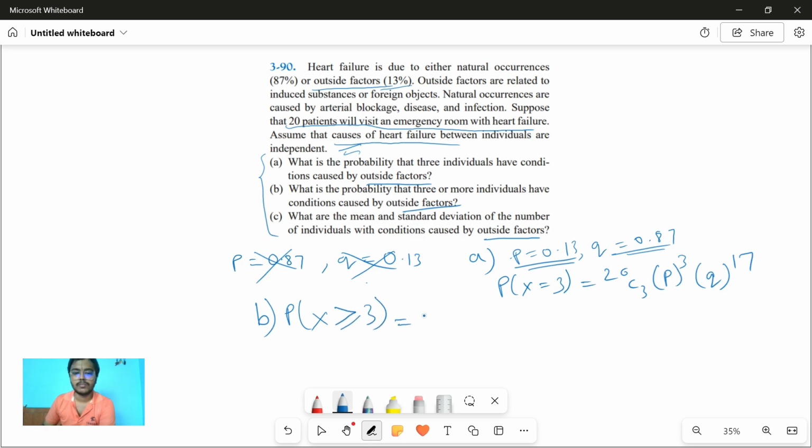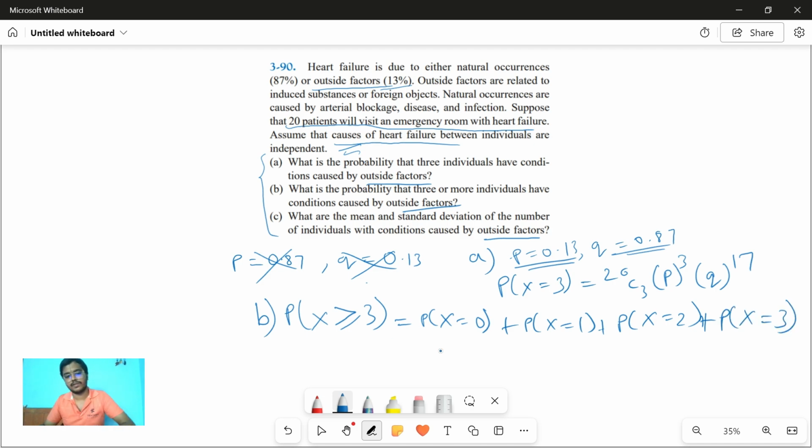You cannot apply 1 minus P of X less than 3 directly here. It will actually be P of X equal to 3 plus 4 up to 20.